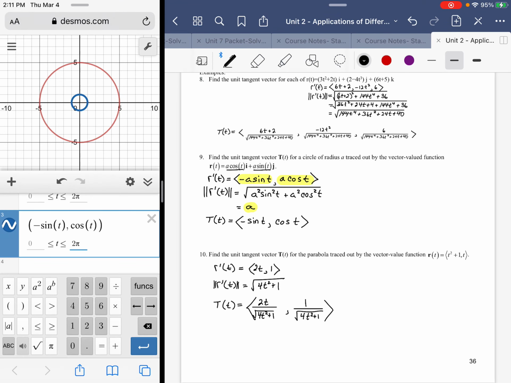And again, that's going to be a vector that represents the rate of change of the vector valued function. So a new vector valued function that represents a rate of change of the original vector valued function for an infinitesimal change in t, but this vector is guaranteed to have a magnitude equal to 1.